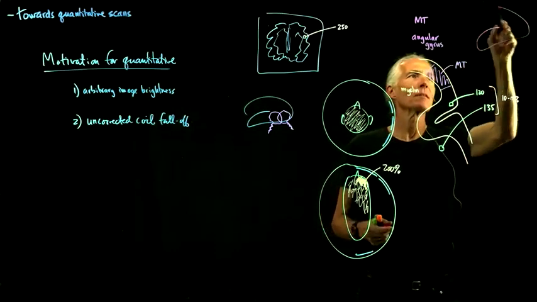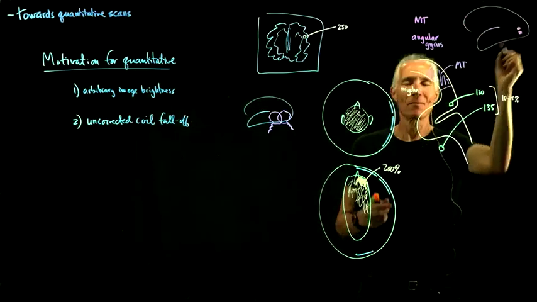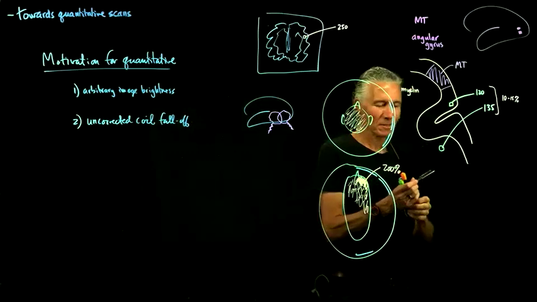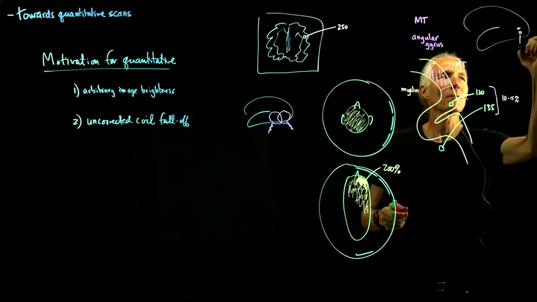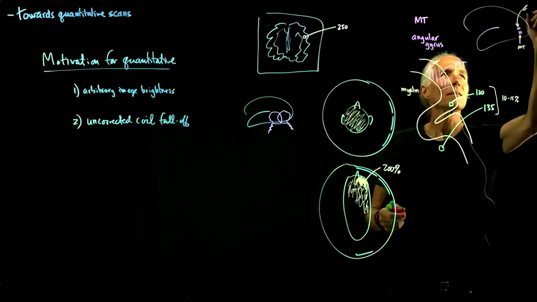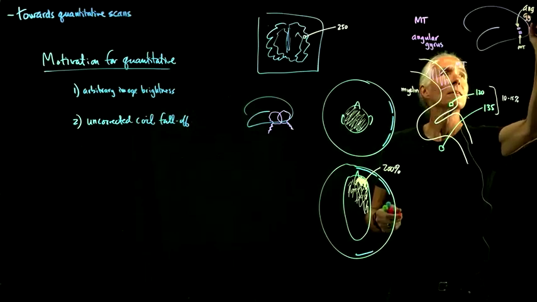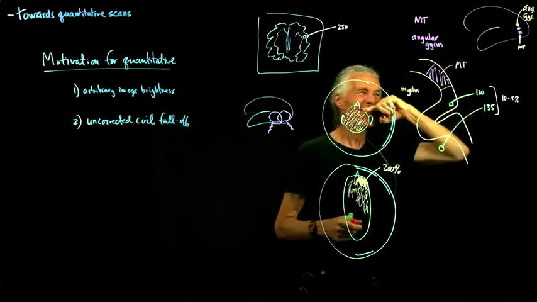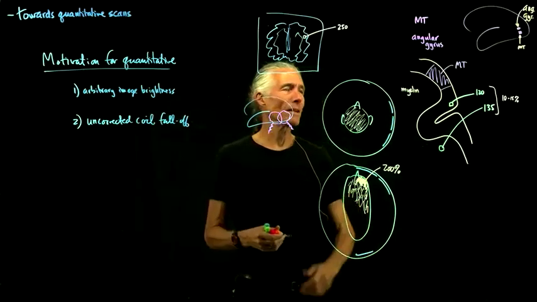Well, if we look at a brain, MT is about there, and angular gyrus is about there. This is in a human brain. That's about where MT is, and this is about where the angular gyrus is. So they're right next to each other, just a centimeter apart, something like that.